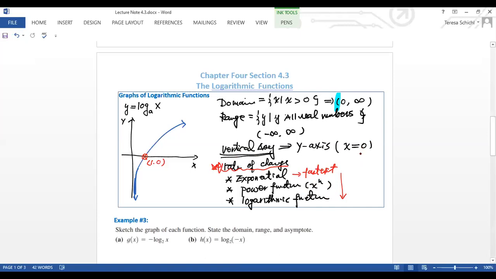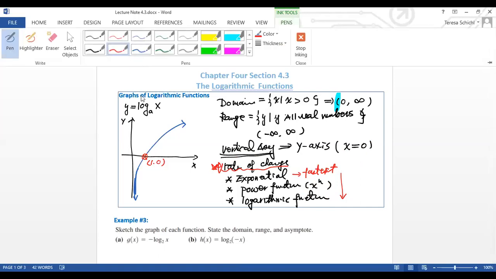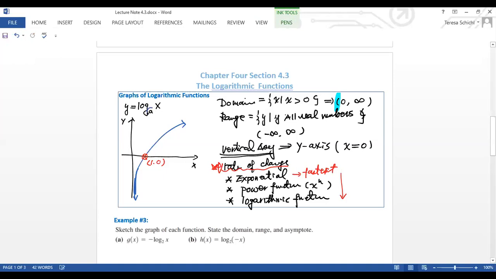Now let's also think about different bases. This one has base a.